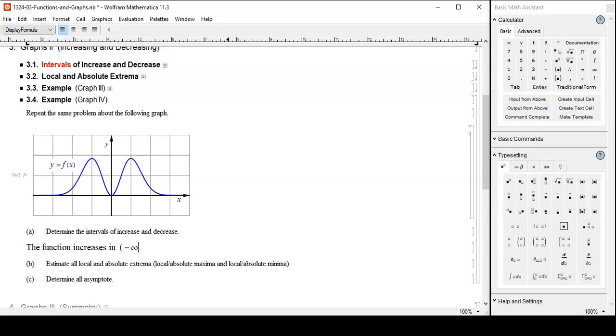Negative infinity to x value negative 1. And negative 1 to 0. And x value 0 to 1.